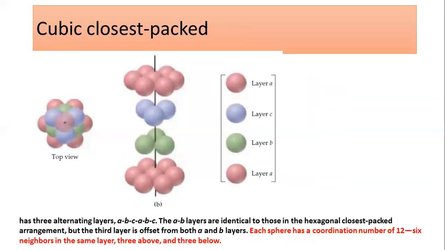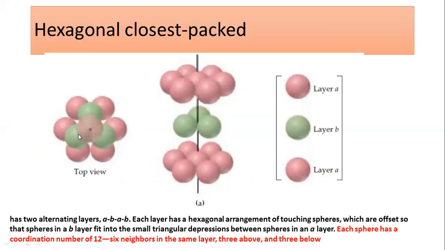Fourth one is the cubic closest packing, and in this case the coordination number is also 12. Total coordination number is 12. This is the overview of this shape. This is the top view of the hexagonal.